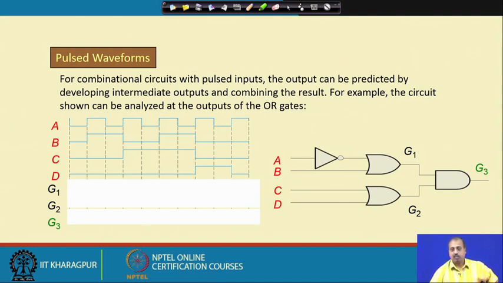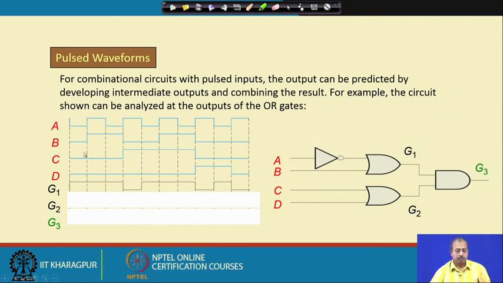Based on that, we try to predict the output of the circuit at different time instants. To do that, we first see how G1 will look. Whenever A is equal to 0, A bar, this line, is equal to 1. Since G1 is the OR of these two, whenever B is equal to 1 or A is equal to 0, G1 will be equal to 1.